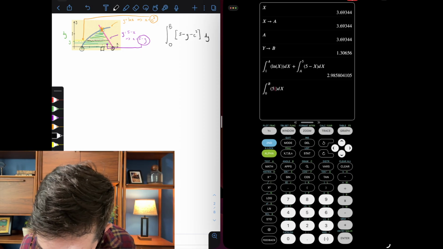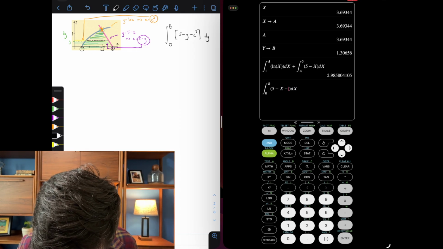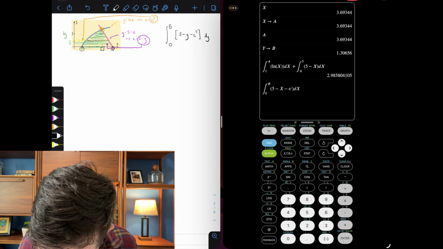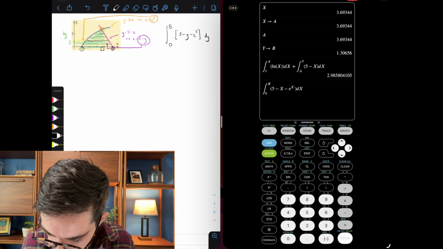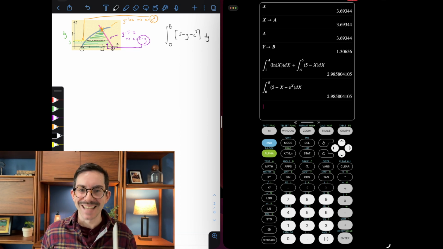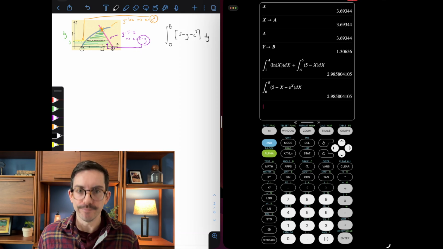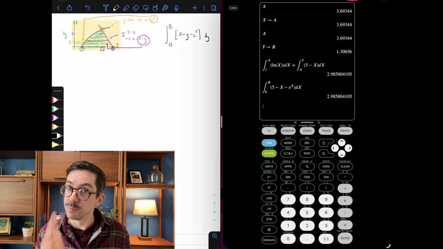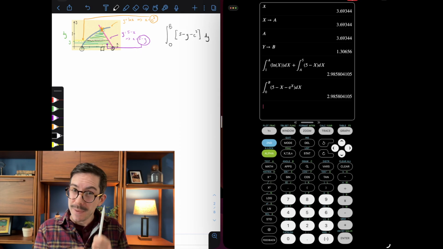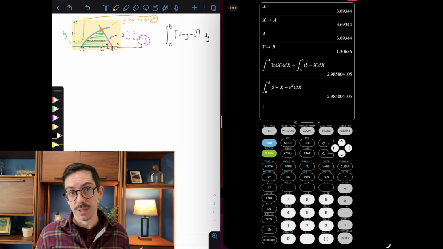I'll just do 5 minus the variable minus e to the variable. Let's see what we end up with. You can see it's exactly the same value, 2.986, and so on. So we get the same value both ways. This way was a little simpler. There was just one integral, but you maybe had to do a little bit more work to set up that integral in the first place.